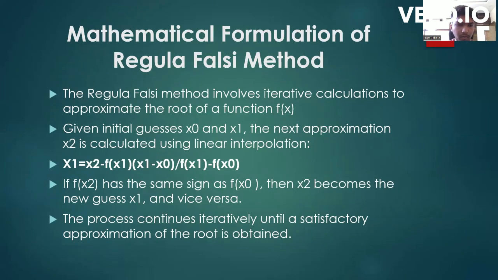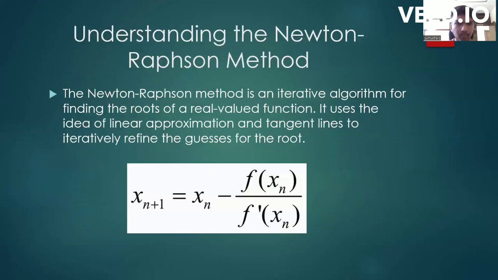If f of x2 has the same sign as f of x0, then x2 becomes the new guess x0, otherwise x2 becomes the new x1, and vice versa. The process continues iteratively until a satisfactory approximation of the root is obtained.